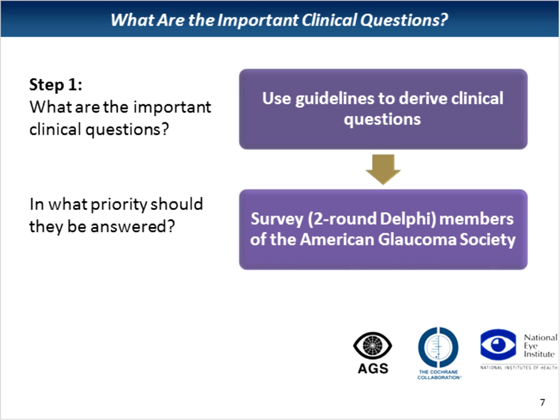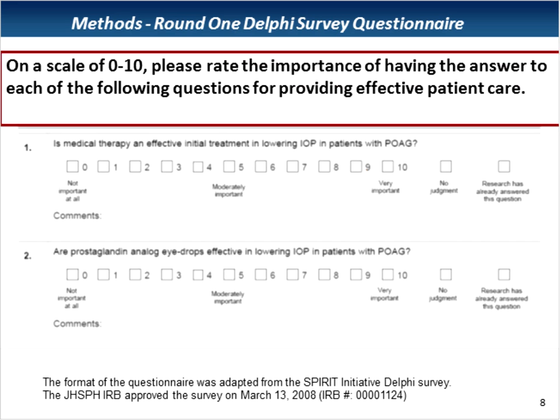In this way, we derived 45 clinical questions from the guidelines on the management of primary open-angle glaucoma. We took those 45 clinical questions and went to the clinicians. We asked the members of the American Glaucoma Society which questions are most important that you need answers to. And we did this in 2 rounds of a Delphi survey approach.